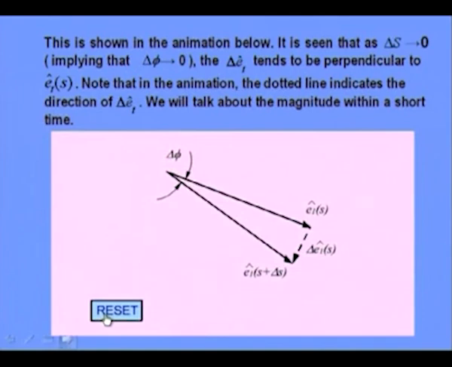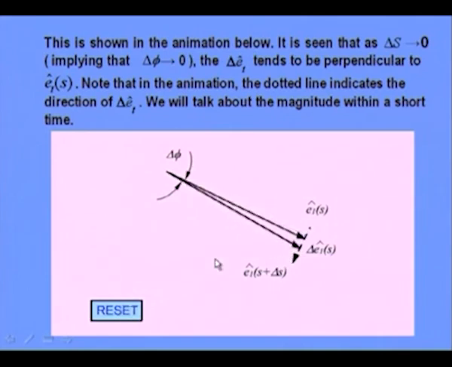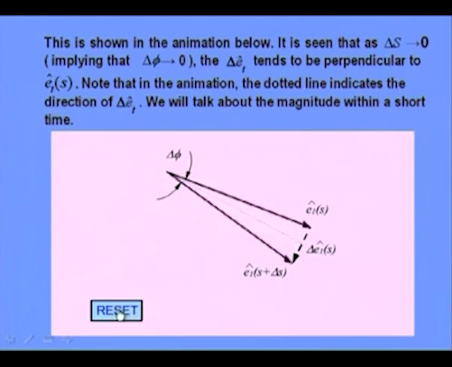This is explained here. As this animation makes it clear, these are the two vectors ET at S and ET at S plus delta S, and the difference between them is indicated by delta ET.